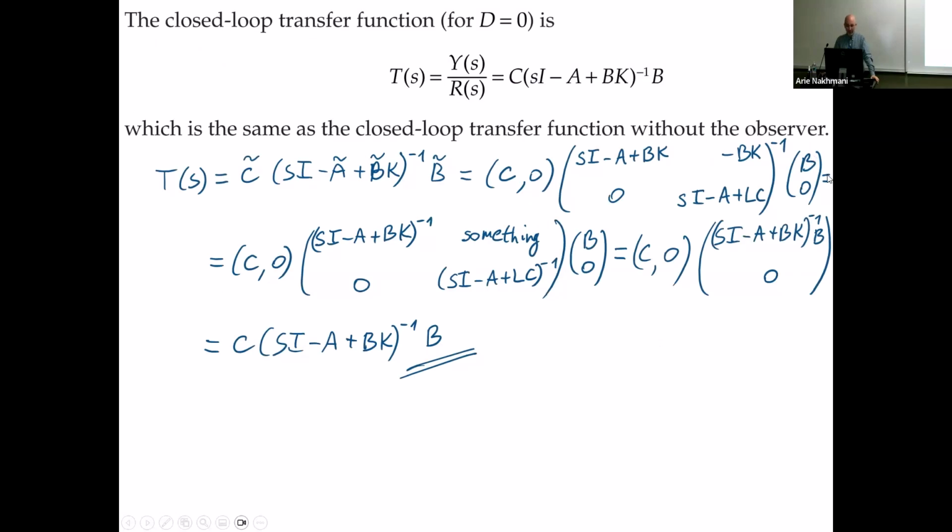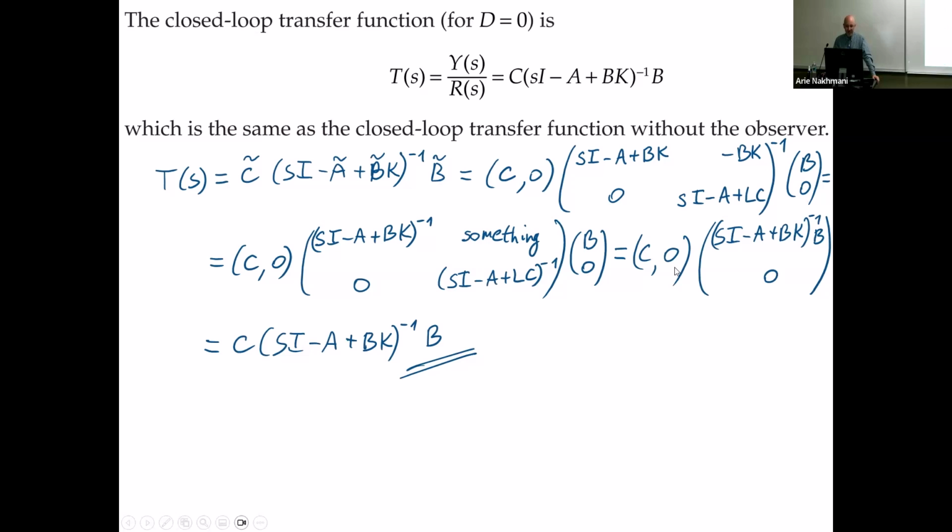So here is how it looks. It's C 0 times this inverse block, and something here, whatever. You'll have something here multiplying by B 0. Why I don't care what is here is because 0 is here. So this something will be multiplied by 0 anyway.